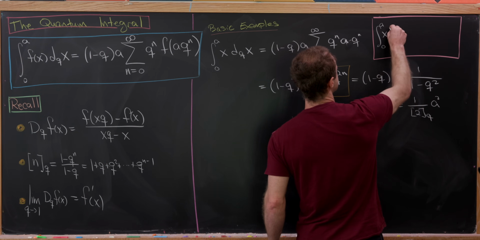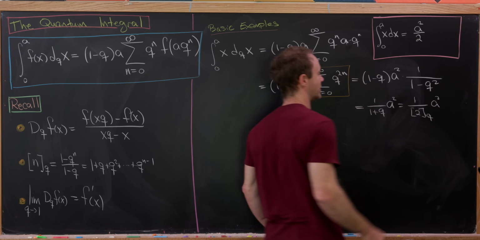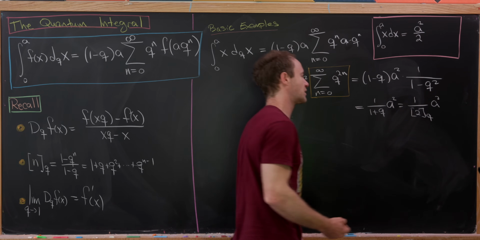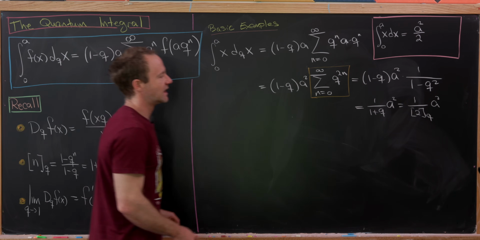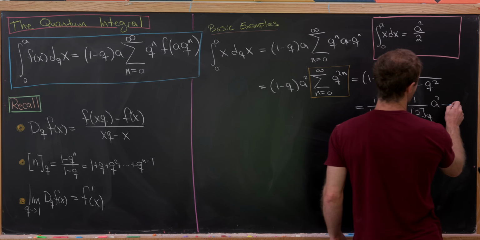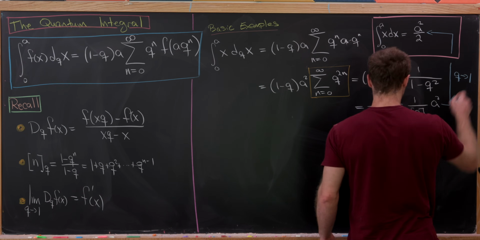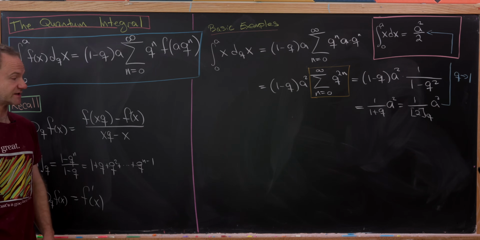The integral from 0 to a of x dx, well, that's clearly equal to a squared over 2 using the fundamental theorem of calculus. And now check it out. As we let q approach 1, these two start to coincide. So I think that's pretty interesting.